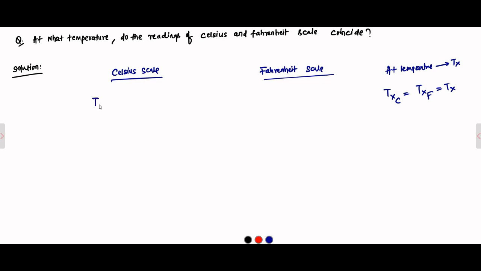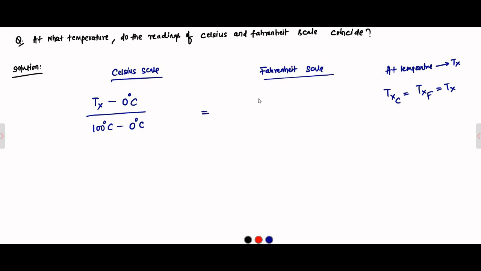So reading in Celsius scale minus the lower fixed point of Celsius scale, that is equal to 0 degrees Celsius, by the upper fixed point in Celsius scale, that is equal to 100 degrees Celsius, minus the lower fixed point, which is 0 degrees Celsius.